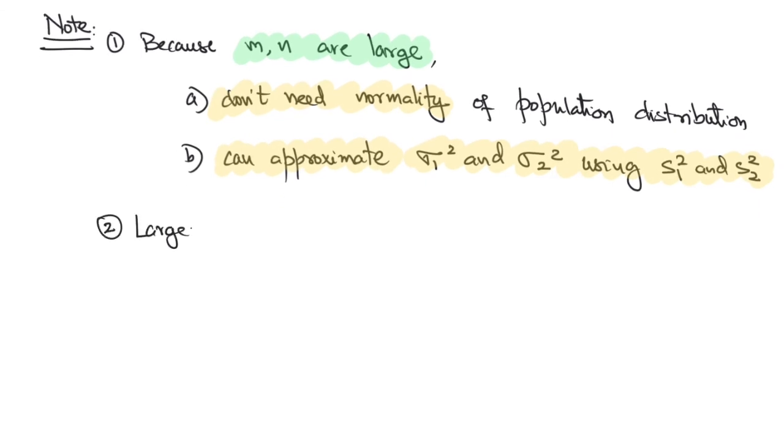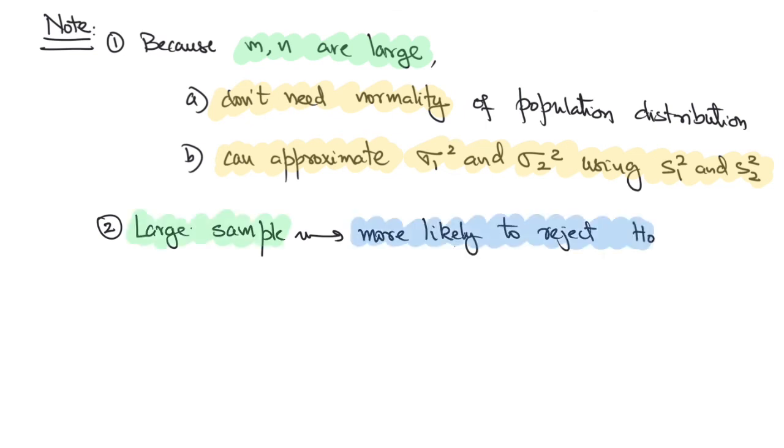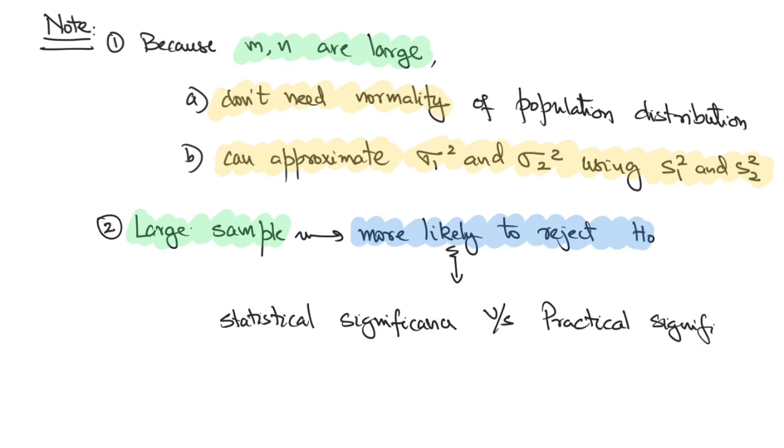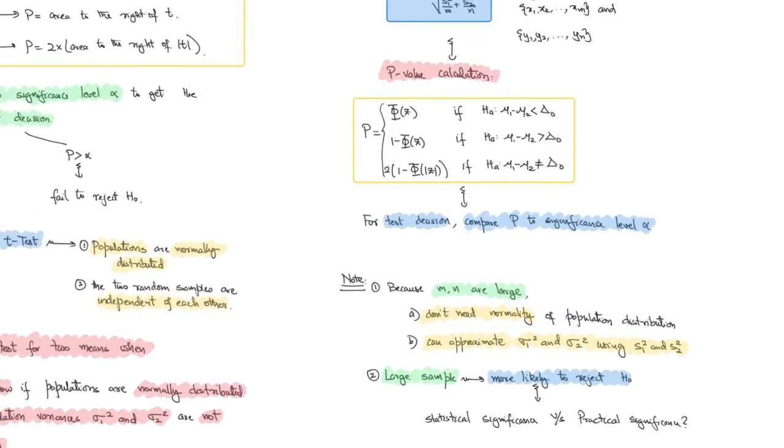Also note that when working with large samples, we are more likely to reject the null hypothesis, which can lead to interesting discussions about the relevance of statistical significance versus the practical significance of your test.